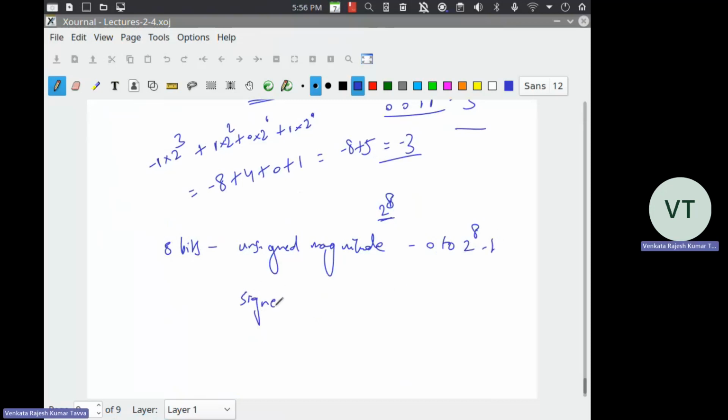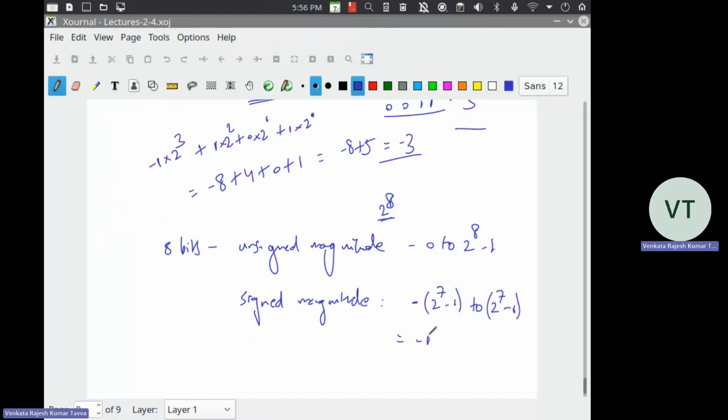If I take signed magnitude, that is 1 bit I reserve for sign, then the range will be minus, you don't remember? Minus of 2 power 7 minus 1 to plus 2 power 7 minus 1.